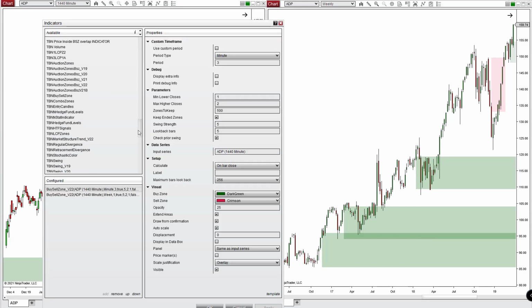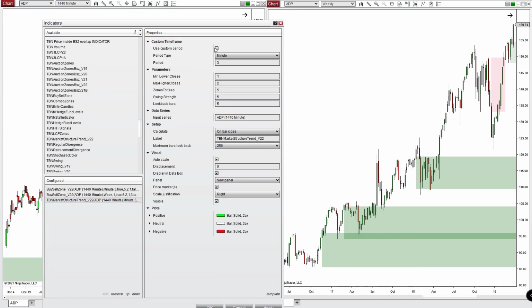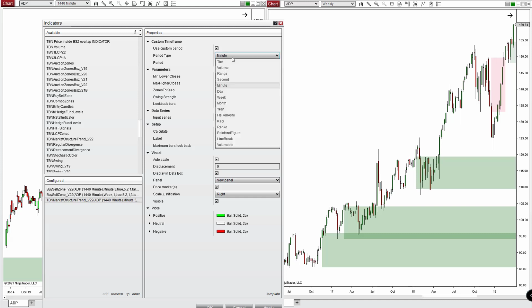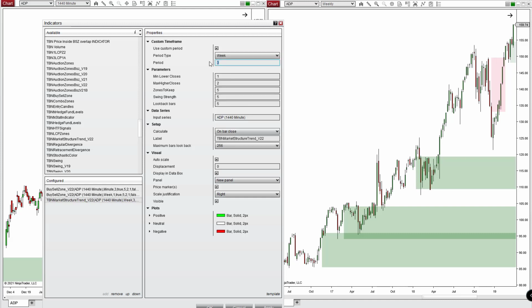I'm going to go to market structure trend, use custom period, week, 1. I'm going to label this week trend, that way I know. In addition, let's apply it again.